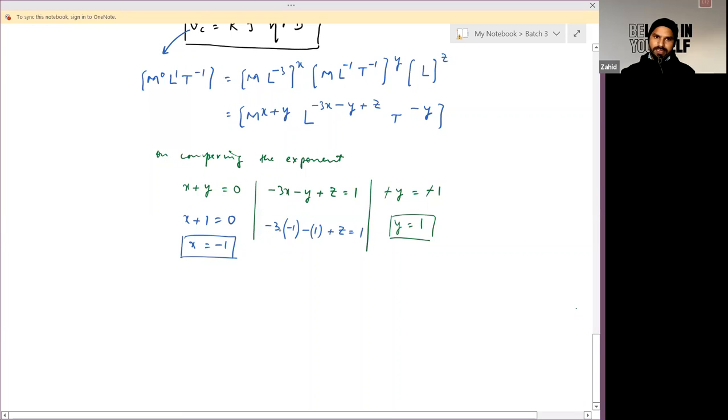So this will be plus 3 minus 1 plus z equals 1. So it will be 2 plus z equals 1. So z will be minus 1.